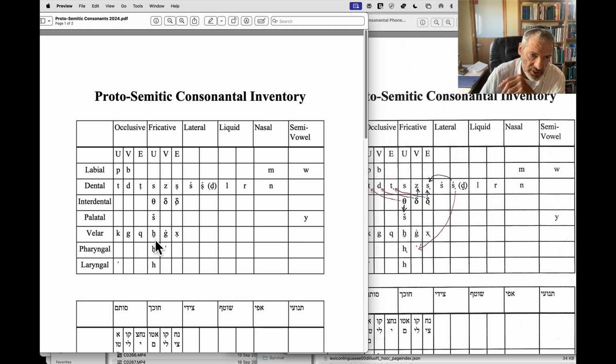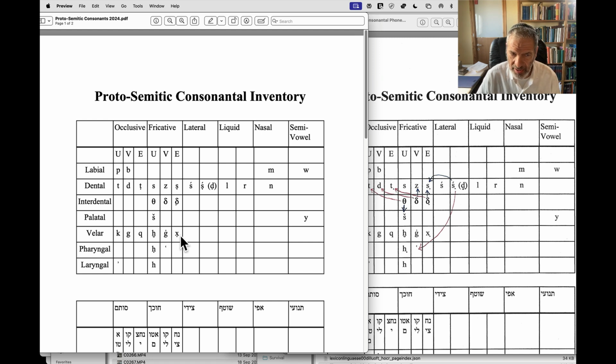But we're going to see that het is right here and chet is right here. And those were two distinct phonemes as we hear in Arabic, cha and ha. And then ra right here, which is a voiced velar, ra, right?